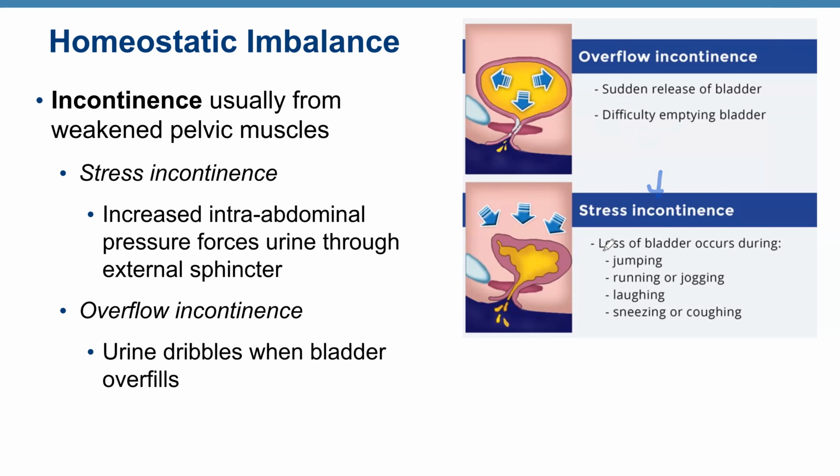In stress incontinence, loss of urine occurs during jumping, running, laughing, sneezing, right? That's when we increase intra-abdominal pressure, and the external sphincter muscle gets weak for many different reasons and cannot keep the sphincter closed. It's a weak muscle that allows this dripping of urine.